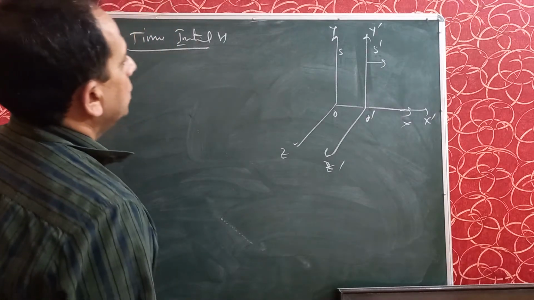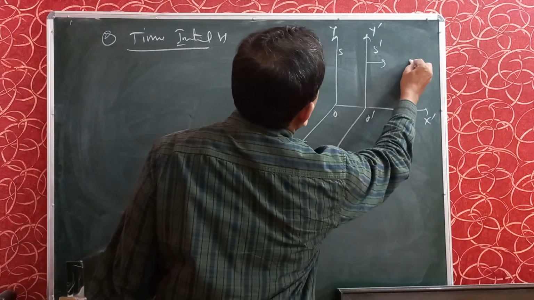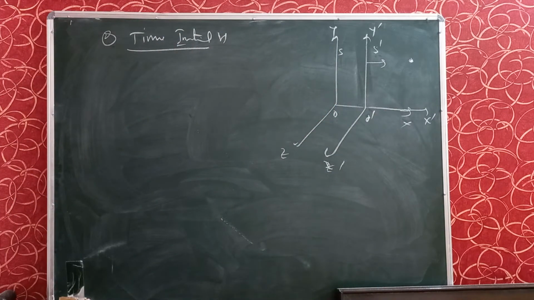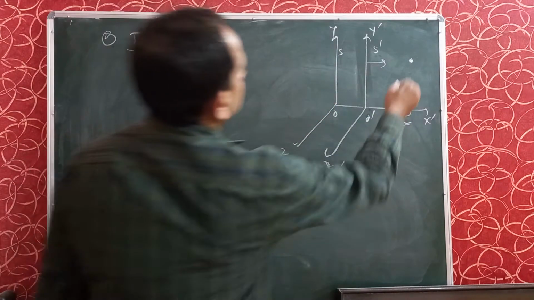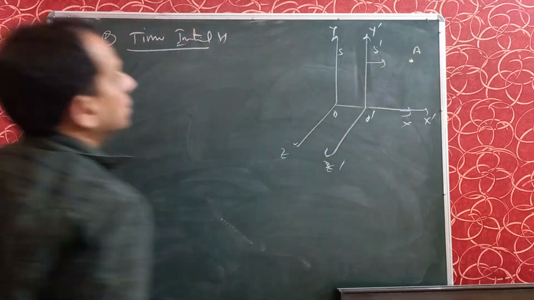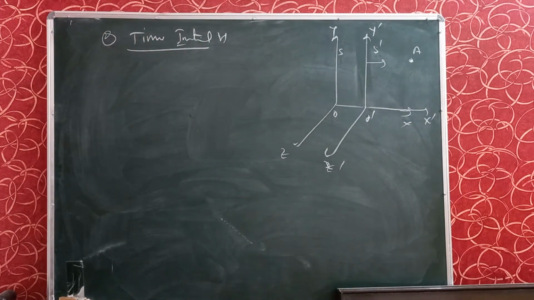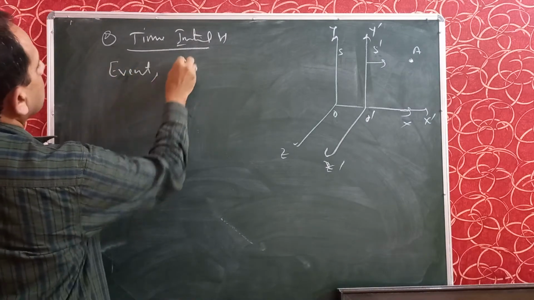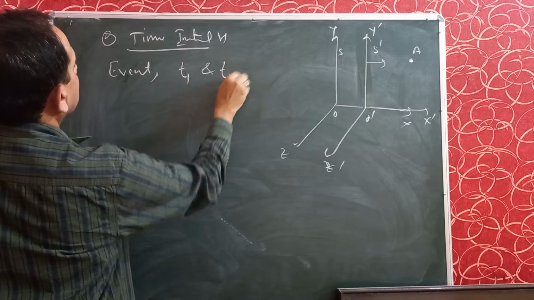Now let any event occur at this point, point A, but it occurs at different times. It will occur first at time t1, then after some time, at t2. So let any event occur at t1 and t2.